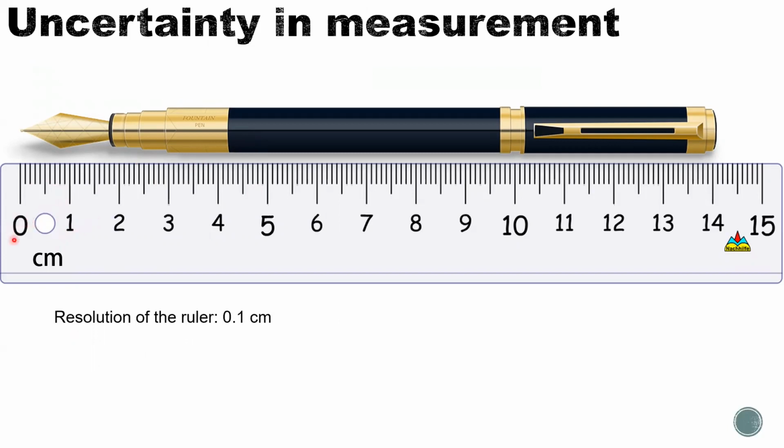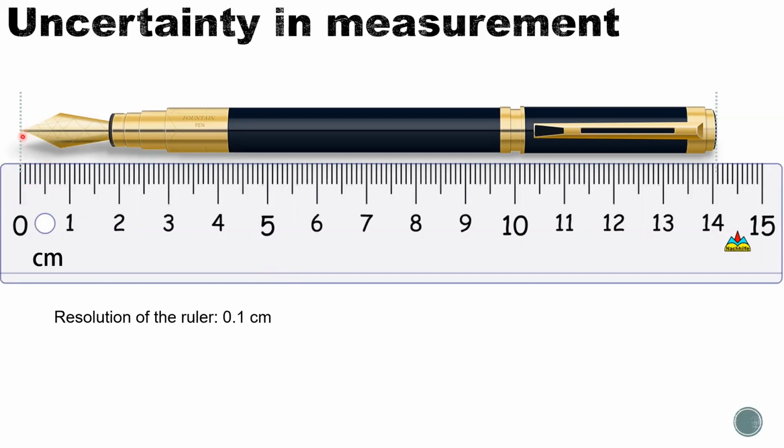The major tick is 1 centimeter in length, and it's divided into 10 smaller minor ticks. So each minor tick has a length of 0.1 centimeter, and that's the smallest accurate value you can read from this ruler.